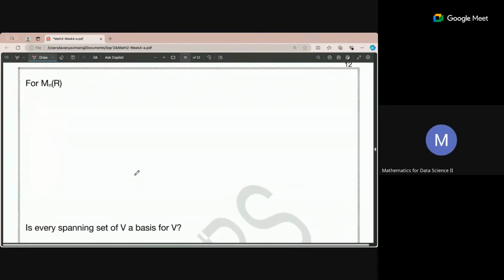Now for Mn of R, for example, let's first start with M2 of R. What is the basis? Something similar to the standard basis. The matrices [1,0;0,0], [0,1;0,0], [0,0;1,0], and [0,0;0,1].